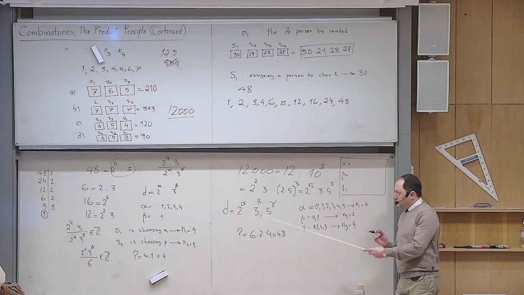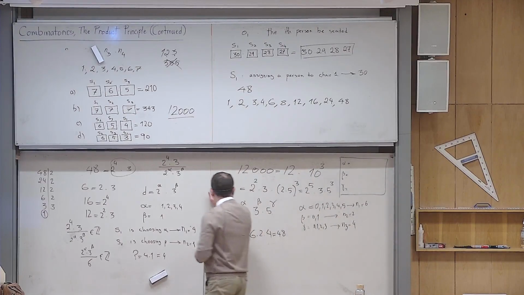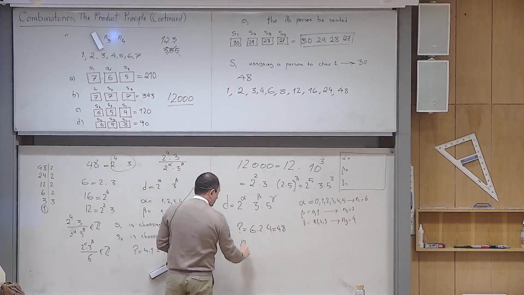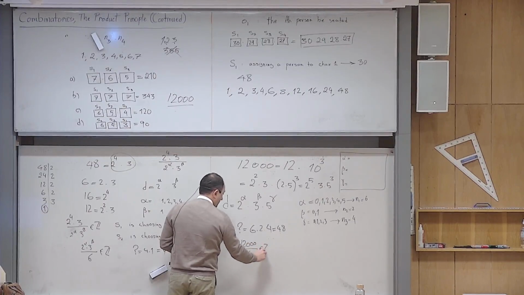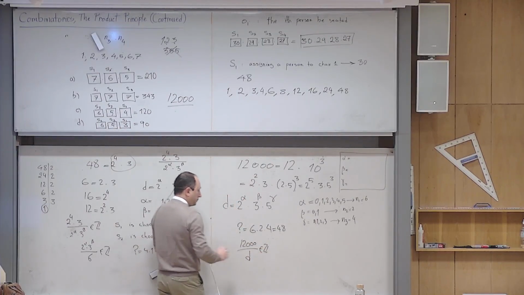The divisors of 12,000 have this form, yes? In the previous problem, we had the constraint that 12,000 divided by d should be an integer. We factorized 12,000 and got that one.